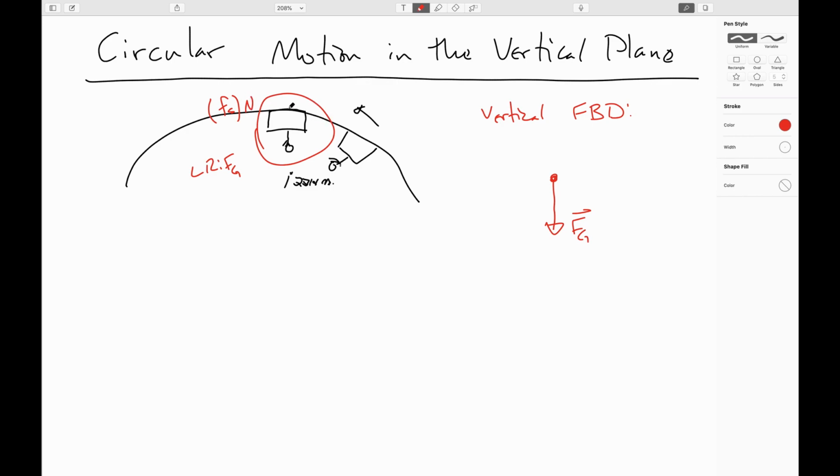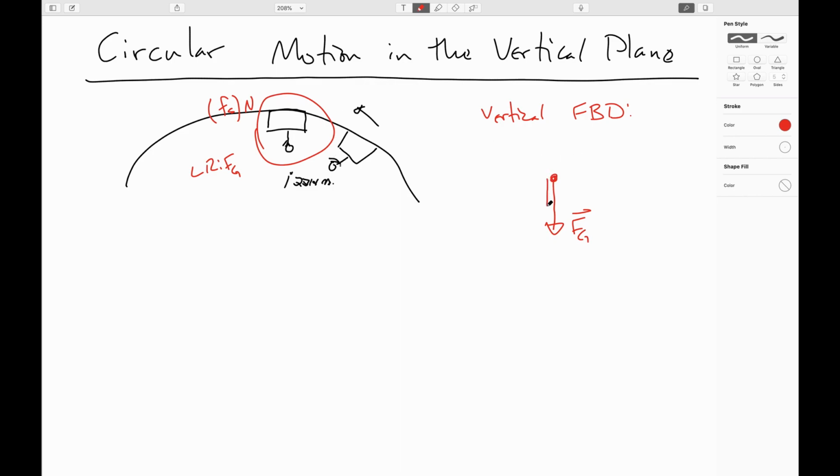Because remember, the normal force has to point perpendicular to the surface that exerts it, and the roller coaster would like to move by Newton's first law in a straight line. That would be crashing into the bottom of the loop-de-loop here. And so the track will be pushing down to keep the roller coaster train car from flying through the track.